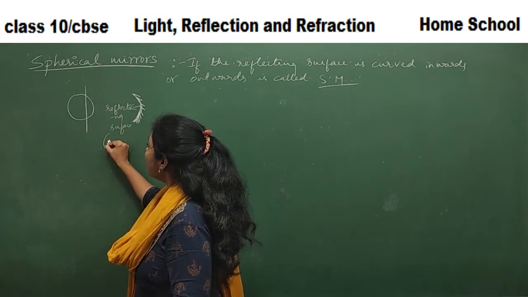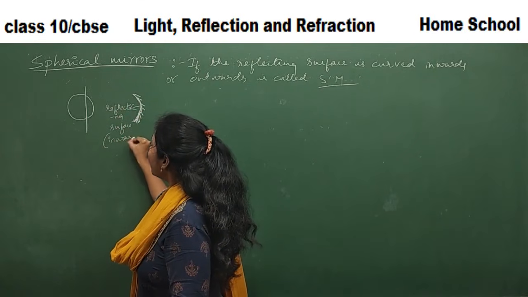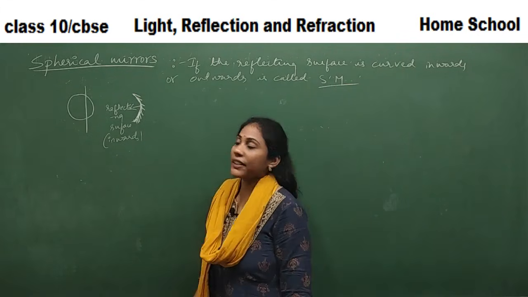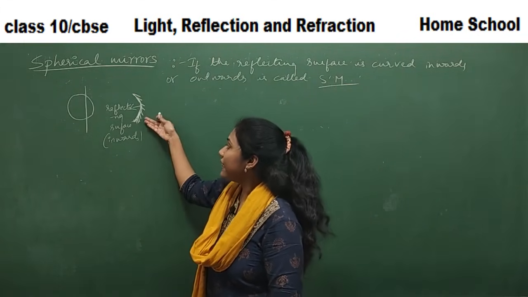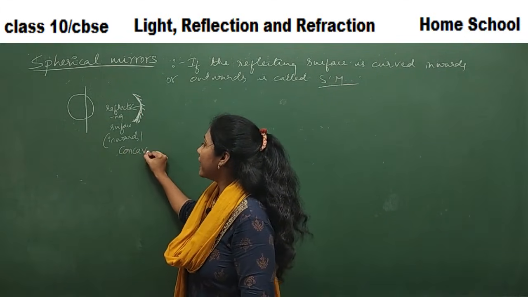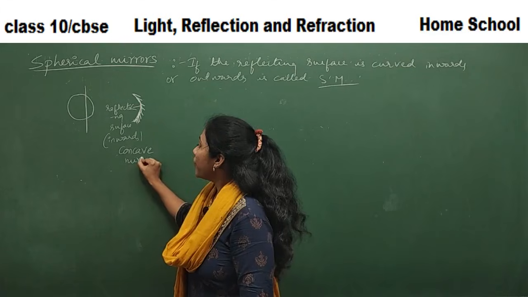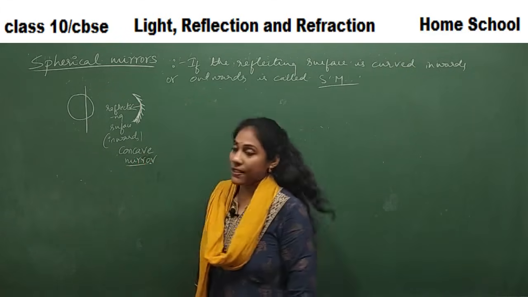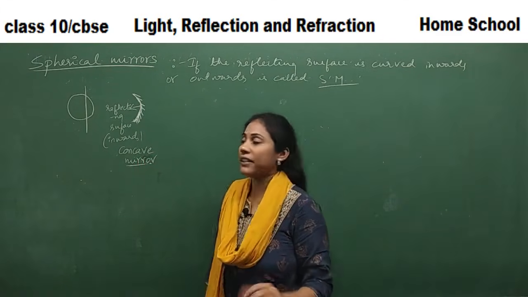This is what we call a reflecting surface curved inwards. Such a mirror we call a concave mirror. So if the reflecting surface is inwards, such a mirror is called a concave mirror.